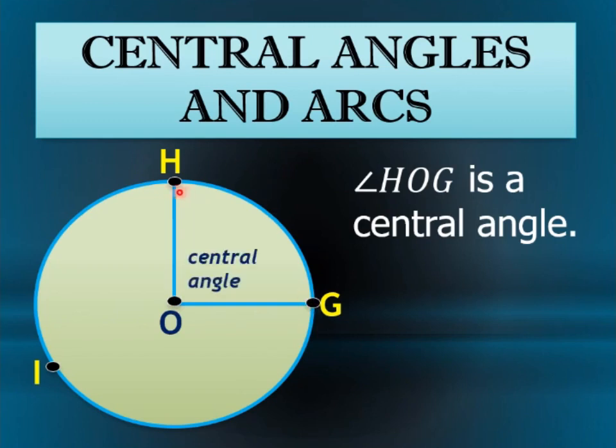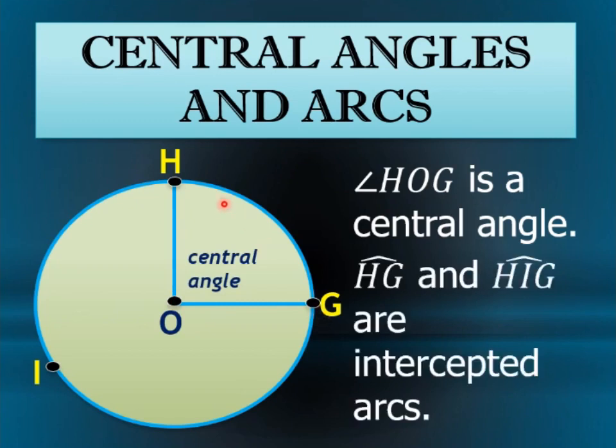So we have angle HOG. Arc HG and arc HIG are the intercepted arcs.